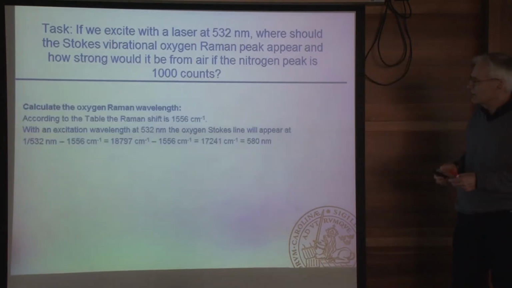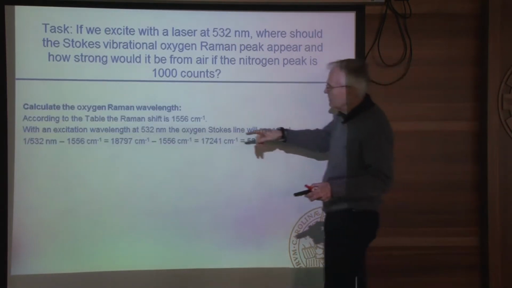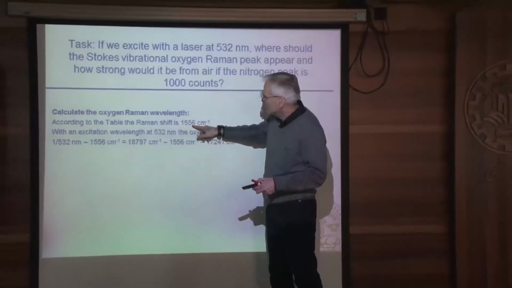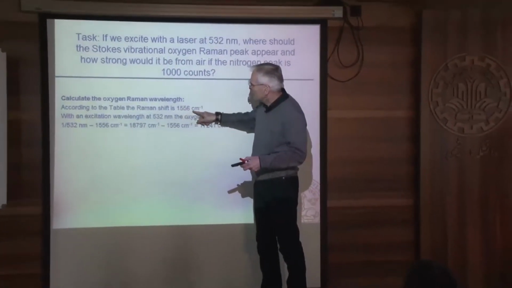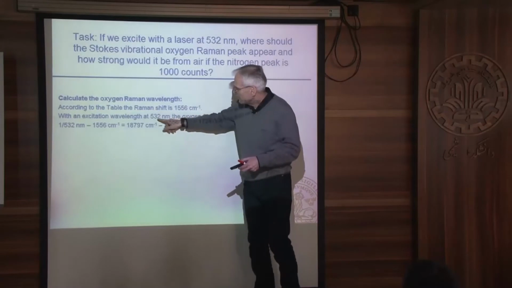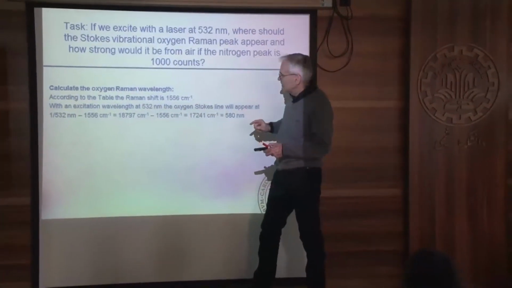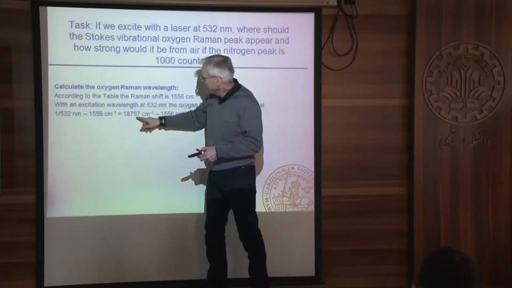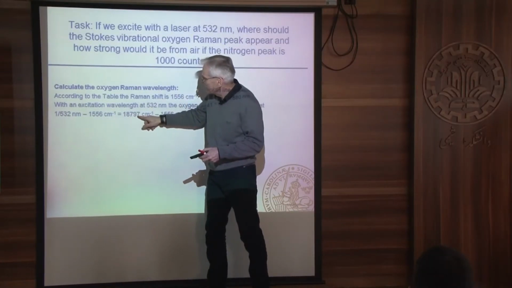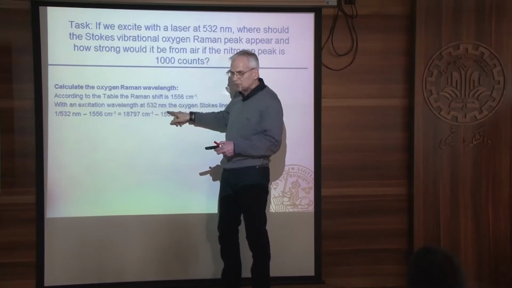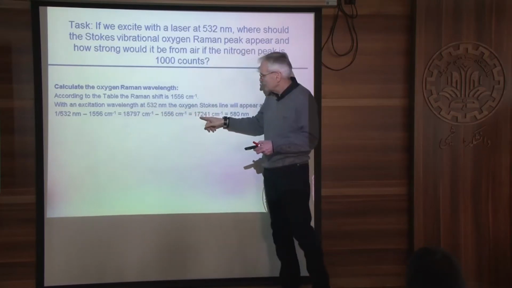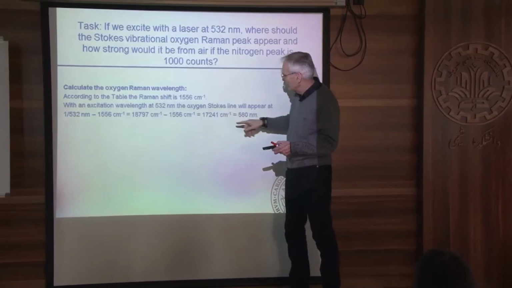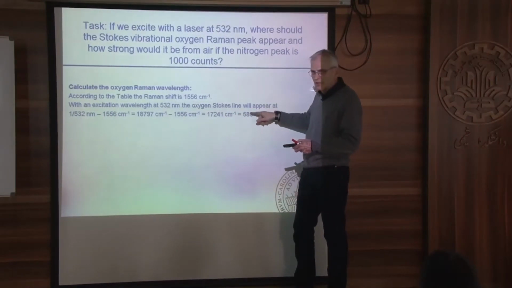Well, it's not that difficult. If we go to the table, we see that the Raman shift is 1556 wave numbers. If we excite at 532 nanometers, that means that we have 18,797 minus 1556, getting to 17,241 wave numbers, meaning 580 nanometers.